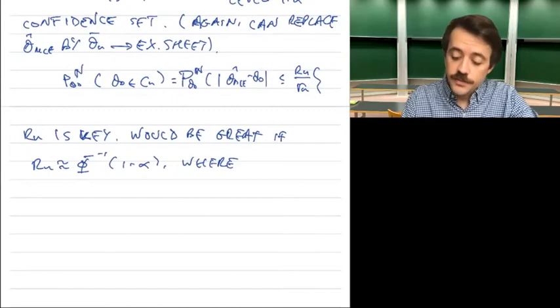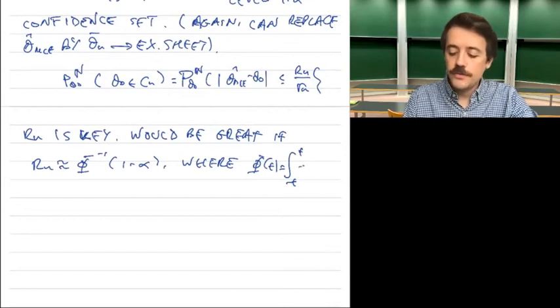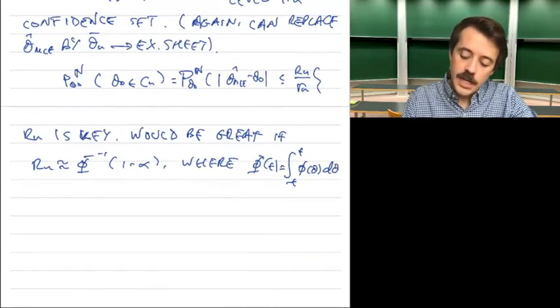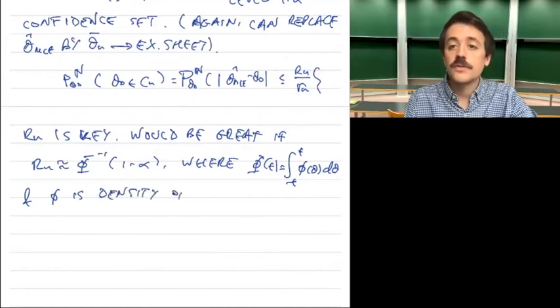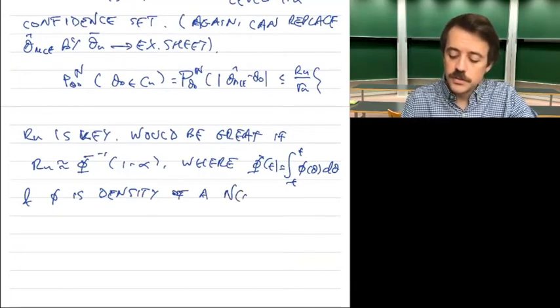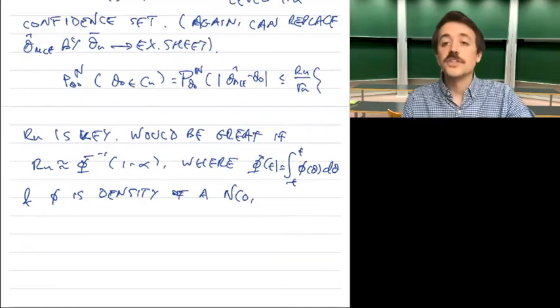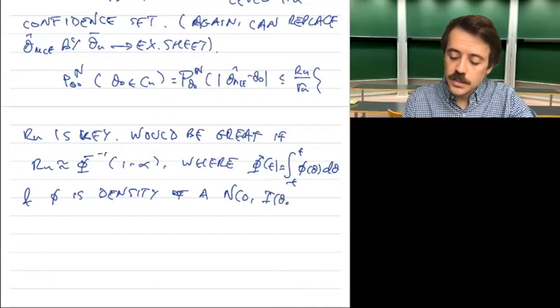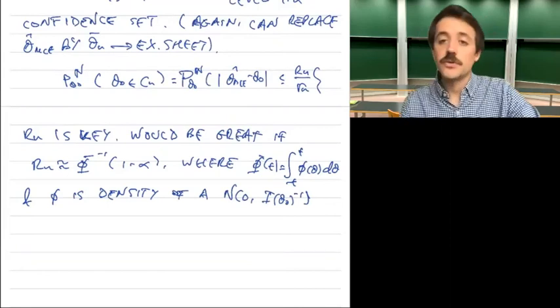Capital Phi we define as the integral from minus t to t of lowercase phi of theta d theta, where lowercase phi is the density of a normal distribution that is centered and has variance the inverse of the Fisher information.